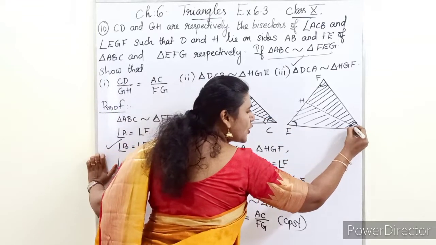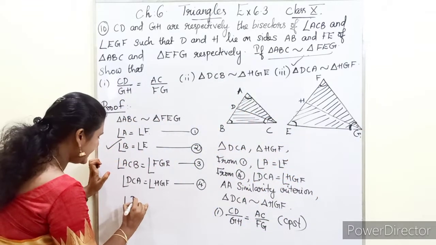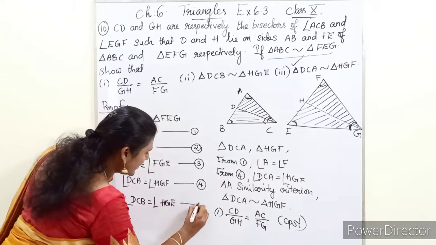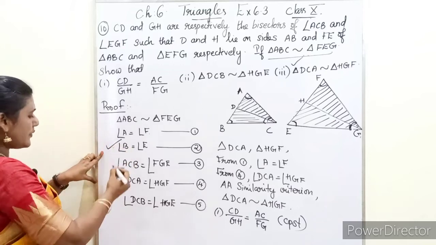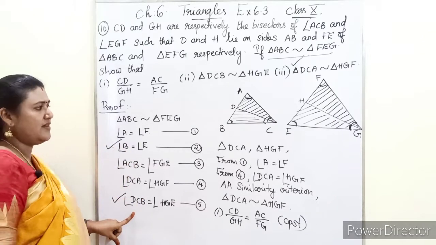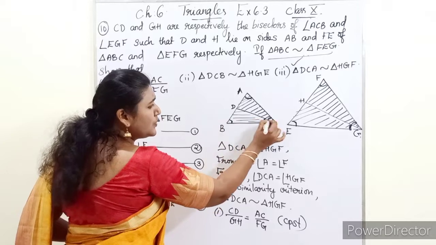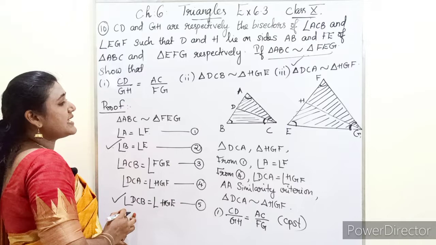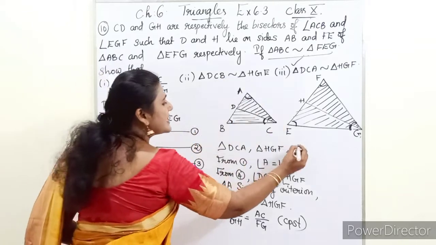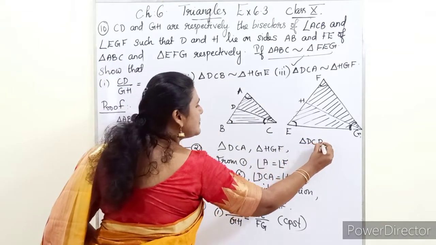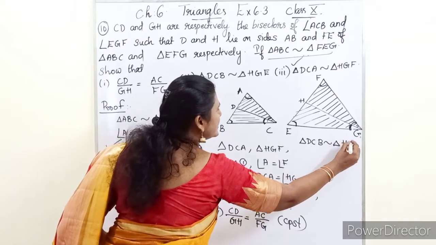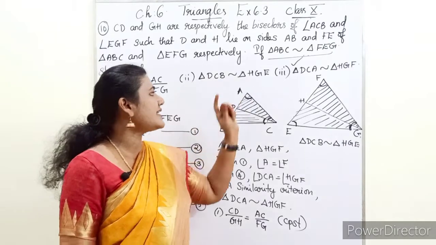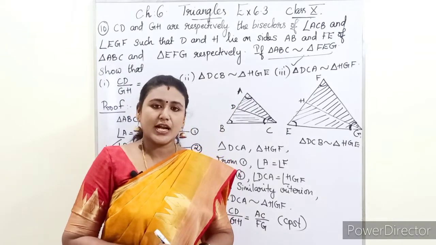These two angles are also equal, so angle DCB is equal to angle HGE. This is equation number 5. From equation 2 and equation 5, two angles of these two triangles are equal. Therefore by the AA similarity criterion, triangle DCB is similar to triangle HGE. So by using the AA similarity criterion we can prove the second pair of triangles also similar.